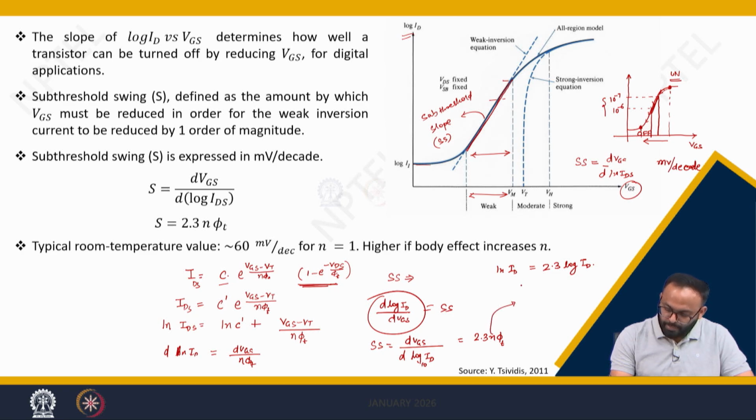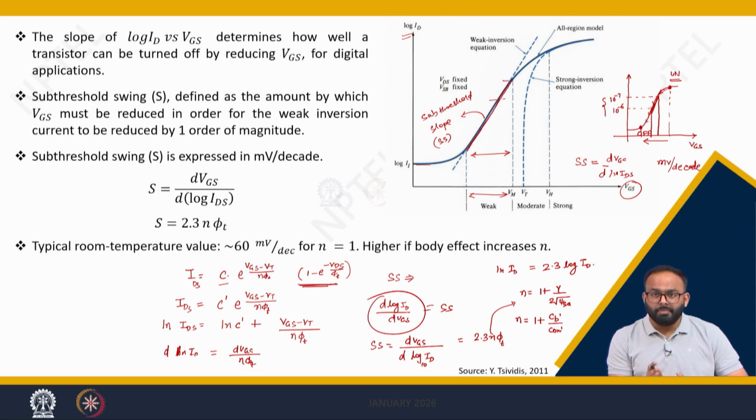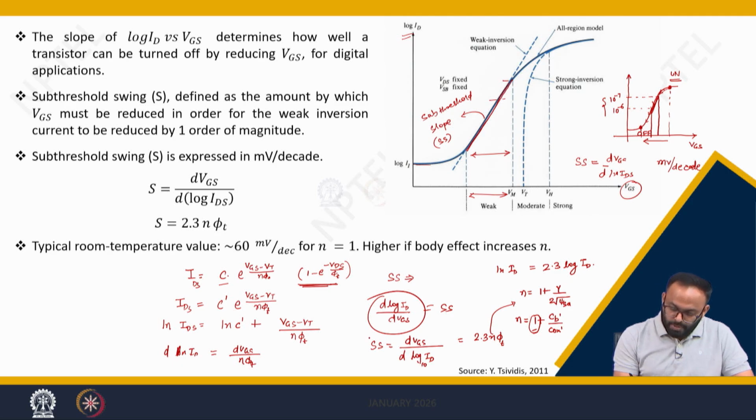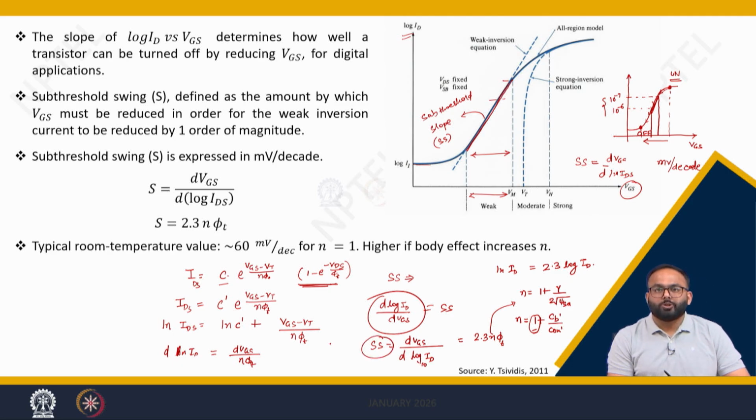We have already explained many times that n is equal to 1 plus gamma divided by 2 times root psi s a. Or you remember, if we derive it in terms of capacitances, n is equal to 1 plus Cb dash divided by Cox dash, right. The minimum possible limit of n is 1, which is ideally not possible. But if we consider n equal to 1, the minimum possible sub-threshold slope for a MOSFET comes out to be 2.3 into phi t.